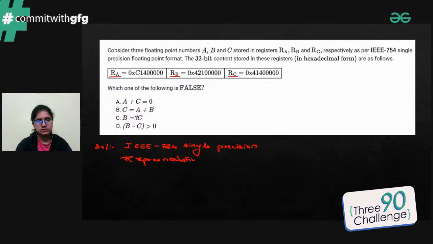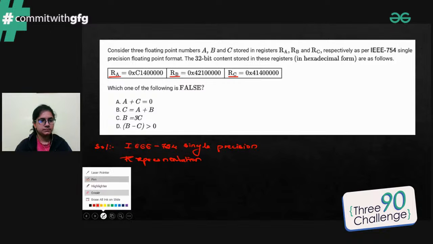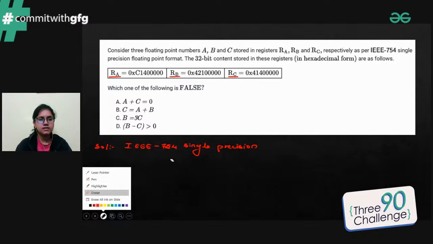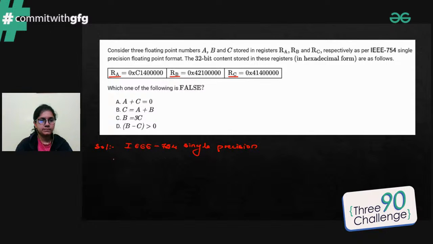Yes, the mantissa is 23, correct. So 1 bit for the sign, 8 exponent bits, and 23 mantissa bits.